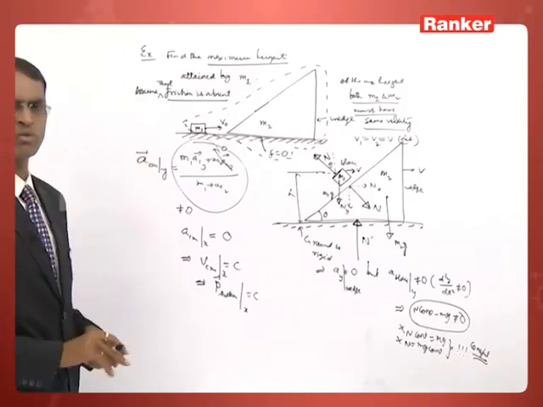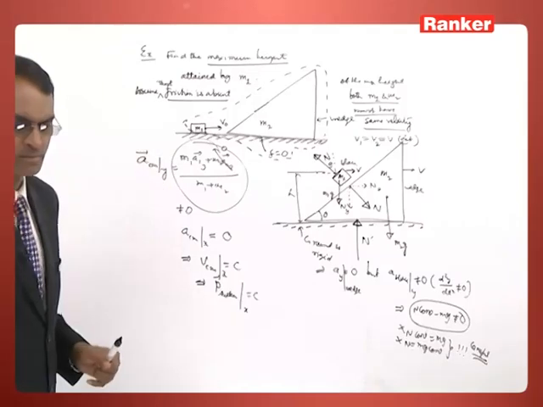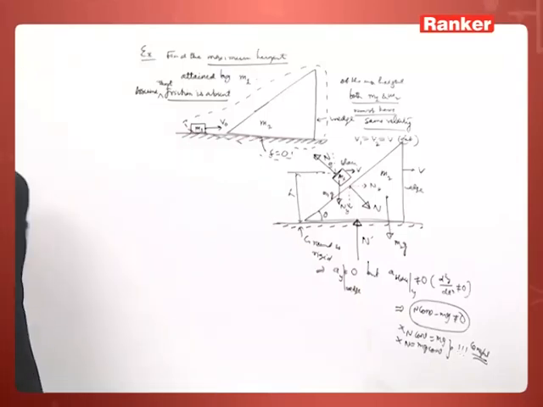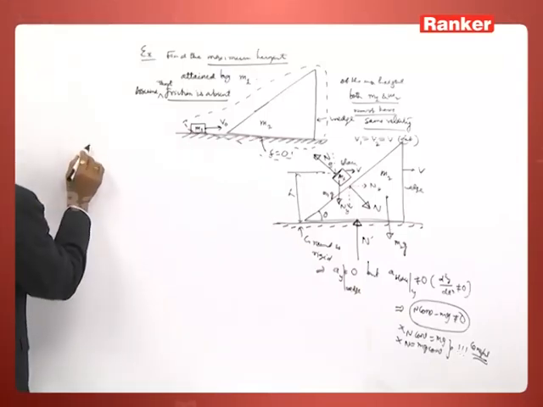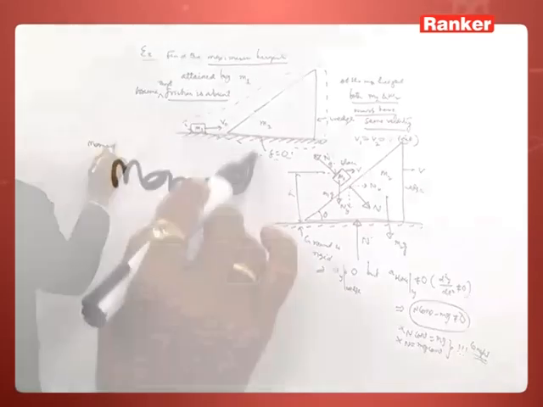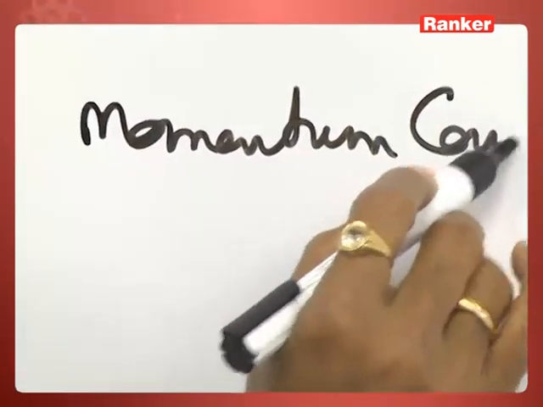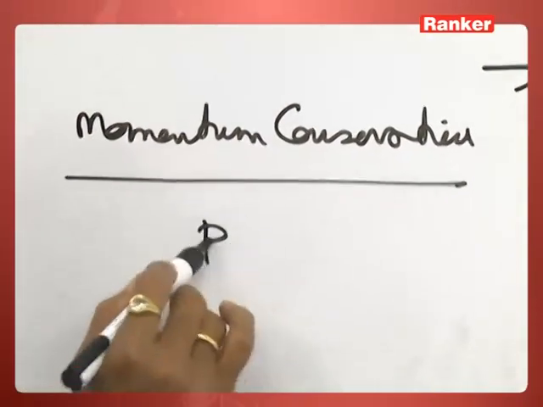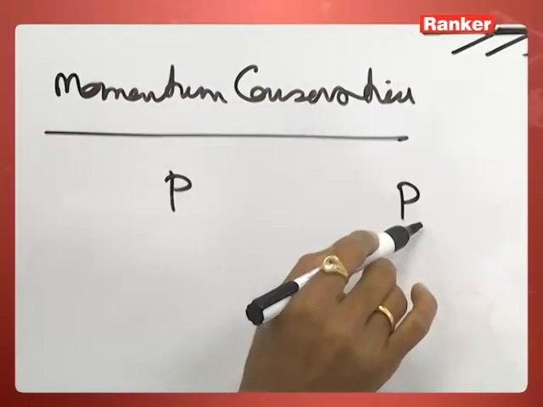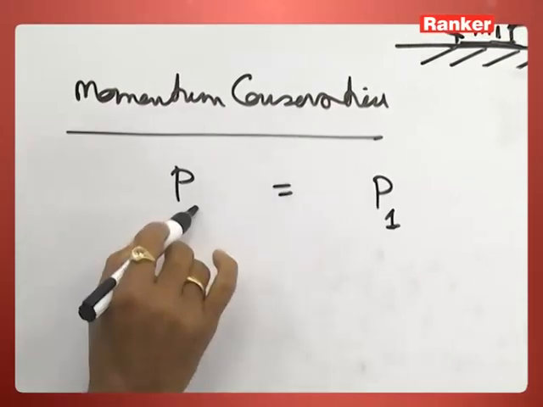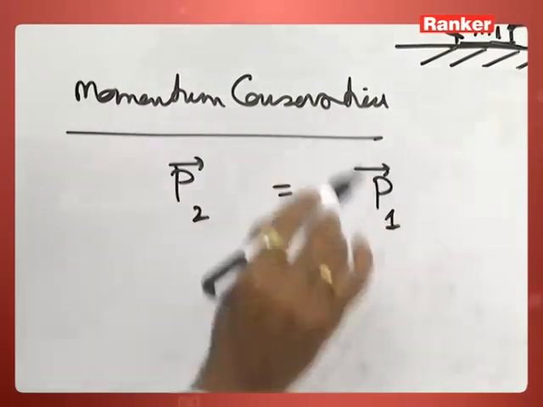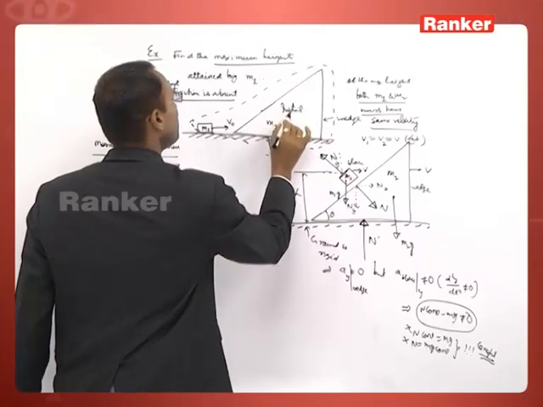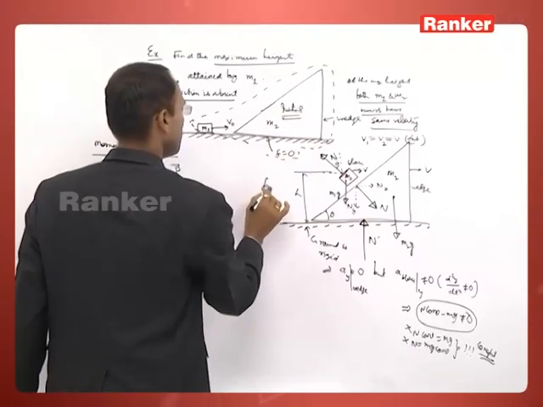Then we can apply these two conservation principles. Principle number 1, momentum conservation. Initial momentum will be equal to final momentum. This is the initial condition. This is the final condition.